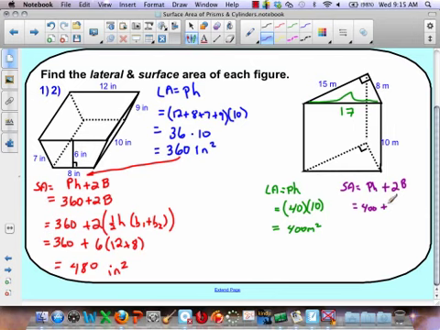So we have 2 times 1/2 base times height. They cancel out. 400 plus. What is the base of my base? Okay, so 8. What is the height of my base? 15. So that's 400 plus 120. All right. Yeah, that's right. Gives me 520 square meters.